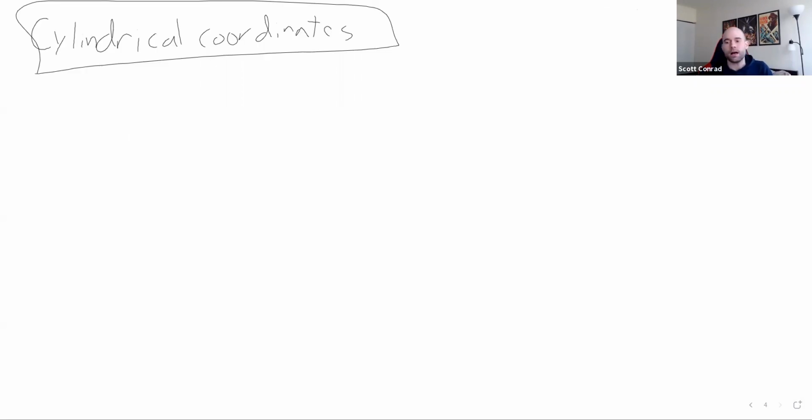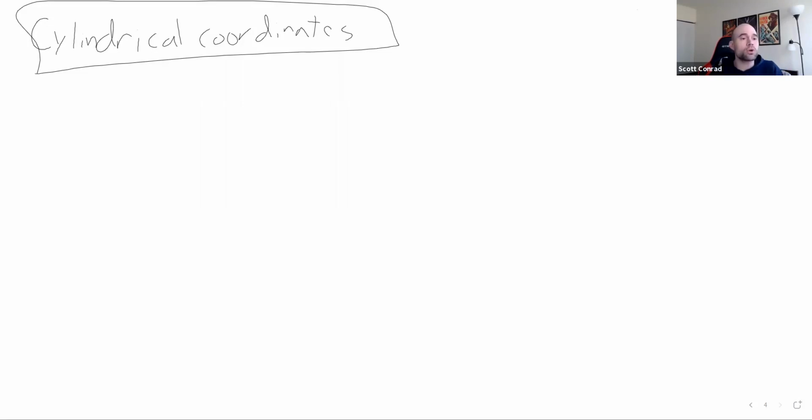Those are not so easy to integrate in rectangular coordinates, but they're very easy in polar coordinates. So if you see stuff bounded by circles in the plane, you should switch to polar coordinates and integrate that way. That's essentially what they exist for, because it makes life easier.